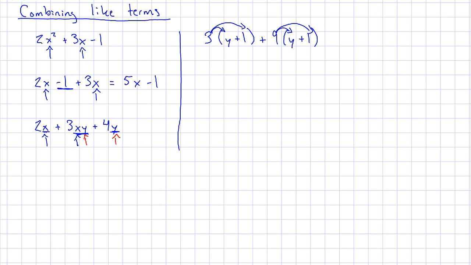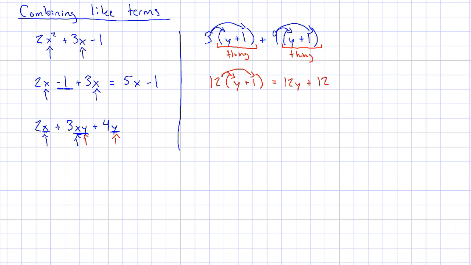But the other way is to look at this y plus 1 and to say, that is exactly the same thing. And I have 3 of something plus 9 of that exact same thing. And 3 plus 9 is 12. So you can do that, and then you can distribute on the back end. Now I have 12 times y plus 1, and when I distribute the 12 it gives me 12y plus 12.